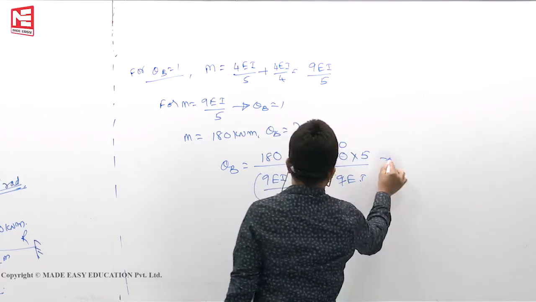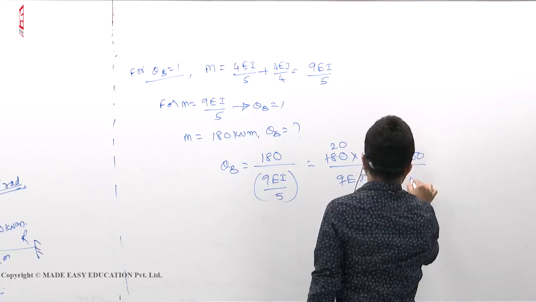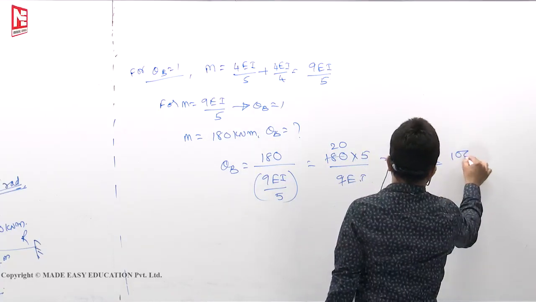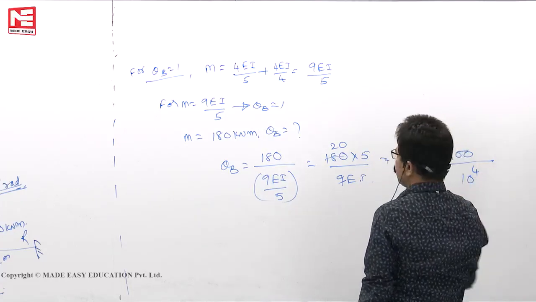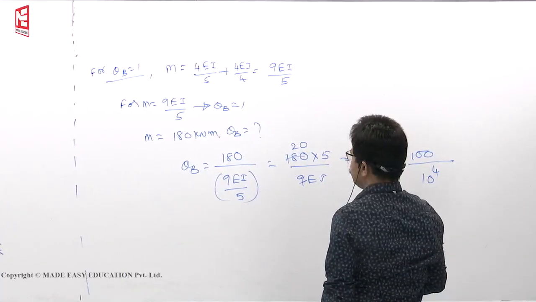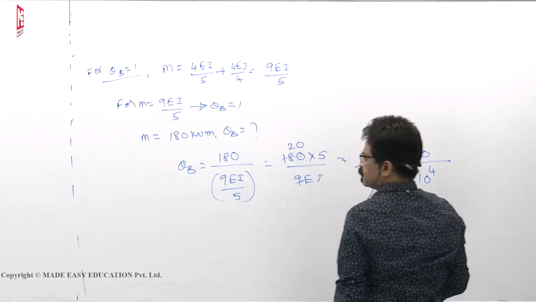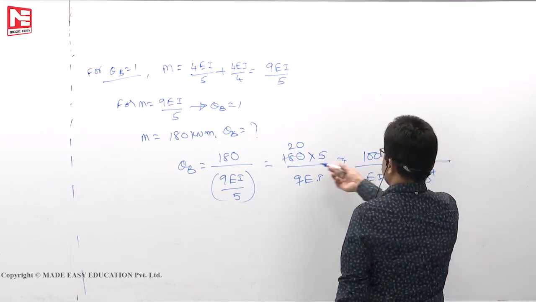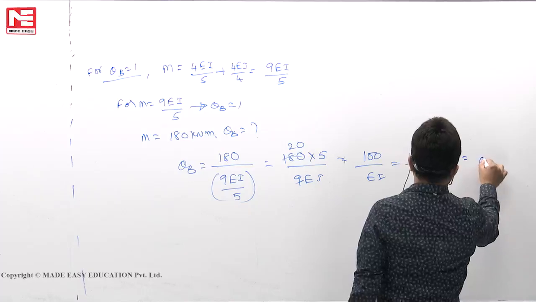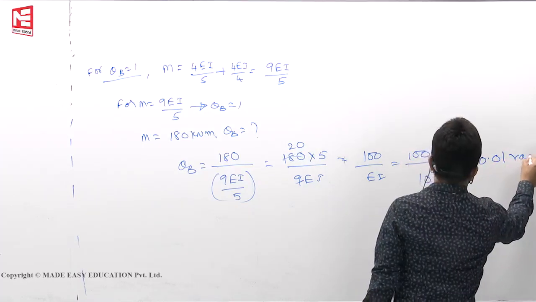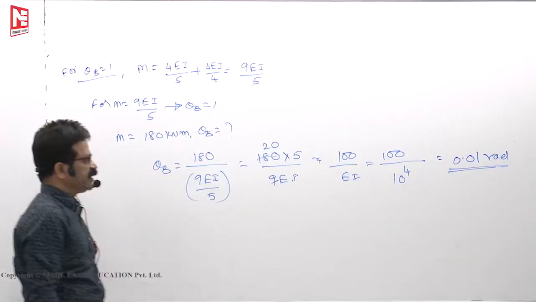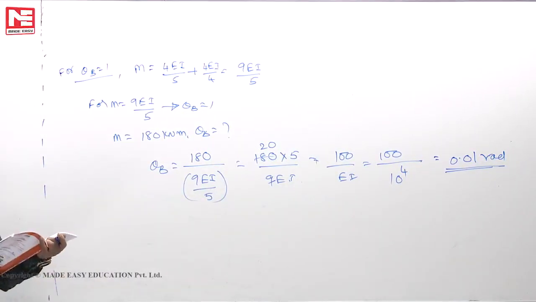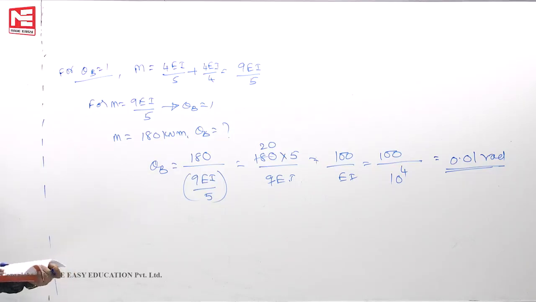This is 100 by EI. EI is given as 10 to the power of 4, all in kilonewton meters, so we didn't change anything, 180 as is we have taken. You will get 0.01 radian. Theta B is 0.01 radian, up to 2 decimal places.